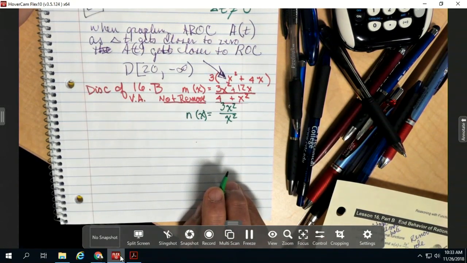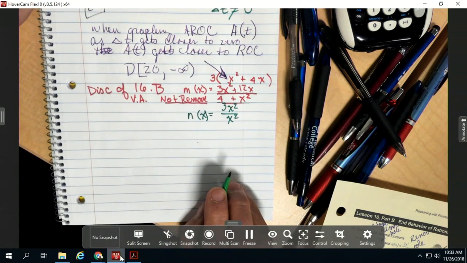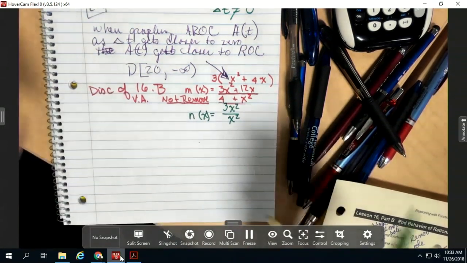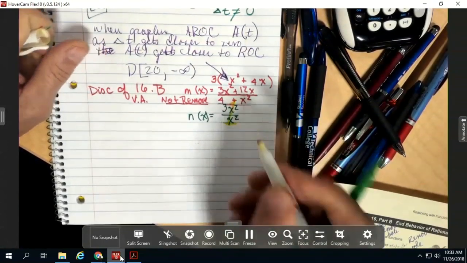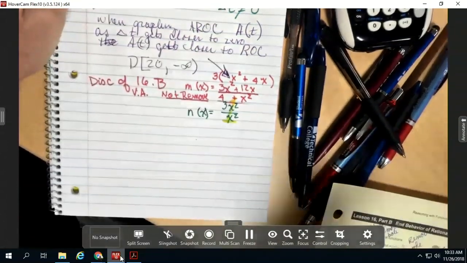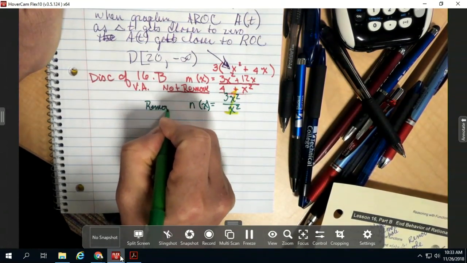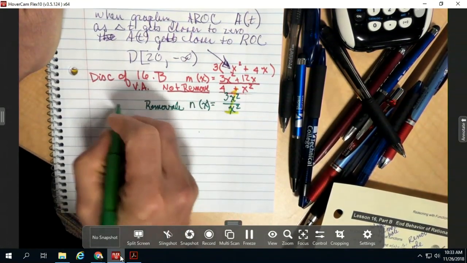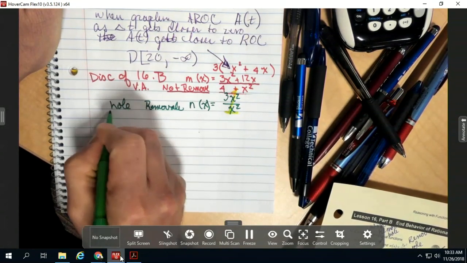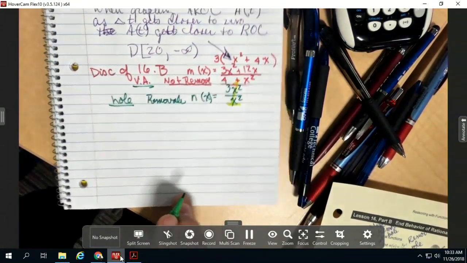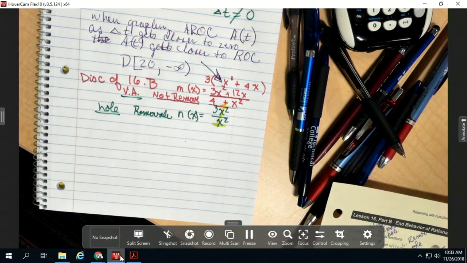Now, is it removable? Can you factor this fraction? Yeah, you can cancel out the x squareds, right? So it is removable. So it's a hole. Vertical asymptote in the first case, a hole in the second case.